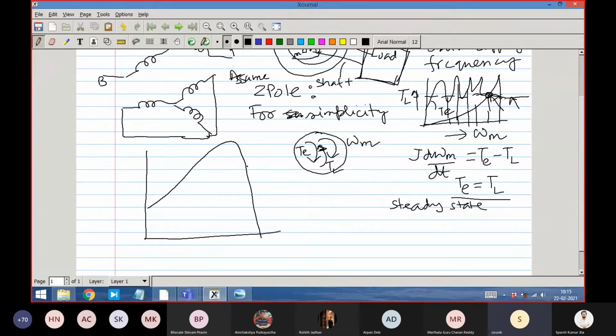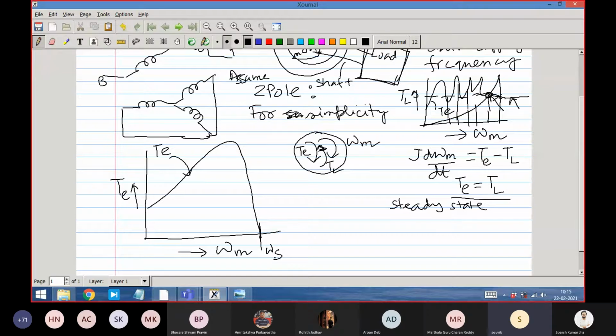This is the electromagnetic torque speed characteristics, TE versus omega. This omega m is equal to actually omega s. Omega s is what? Anybody? I said synchronous speed.